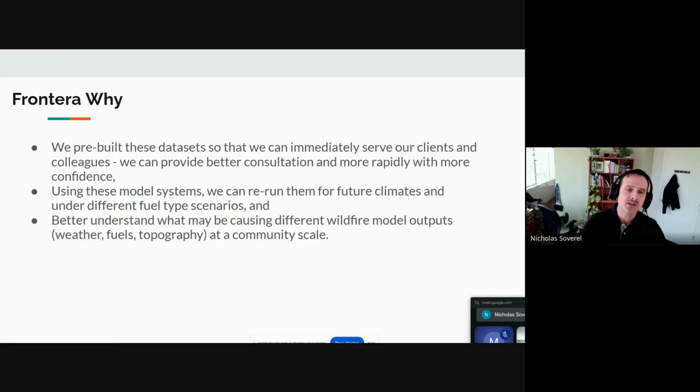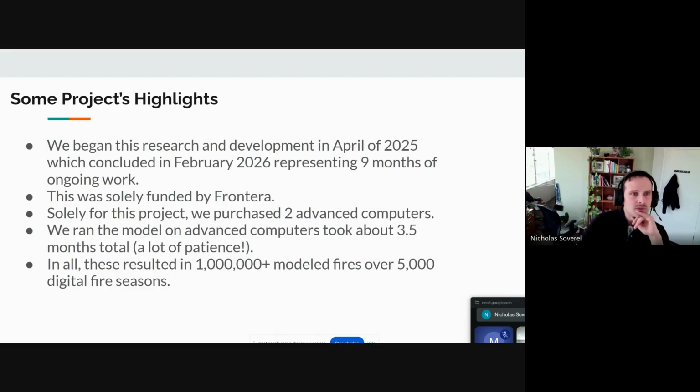And then finally, we want to understand the reasons for the different fire behavior outputs that we're getting at these different locations. So having this information, we can start to look at potentially what regions or communities are more at risk from weather-driven fires, or fuel-driven fires, or topographically driven fires, and also the inverse of all that. So yeah, I think those are really key pieces.